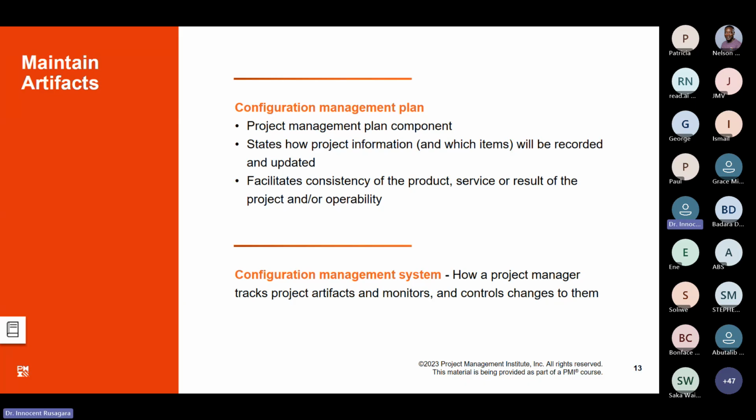For example, when there are changes, you have to integrate the changes into the project management plan, because some activities that were planned in the previous plan have changed, and you have to include that change, but also what has been changed. The previous project management plan version has to be there so that people can check it.